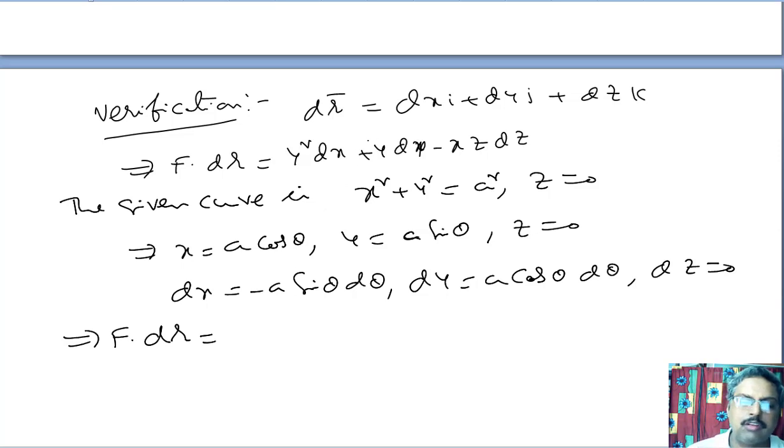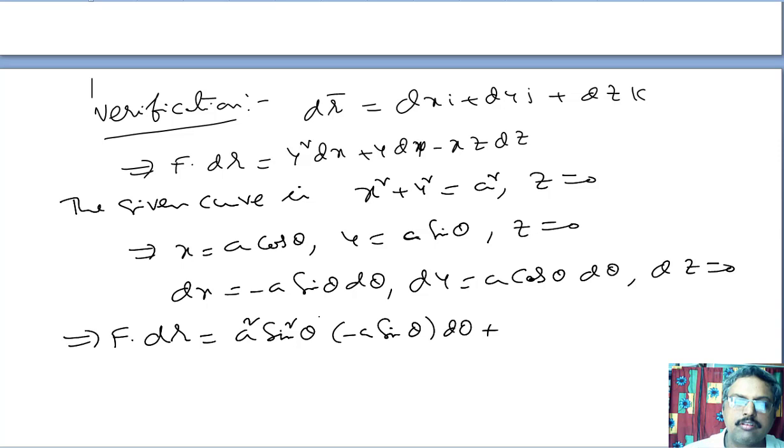F dot dr equals y square, that is a square sin square theta, into dx, which is minus a sin theta d theta, plus y, which is a sin theta, into dy, which is a cos theta d theta, so the last term is 0.